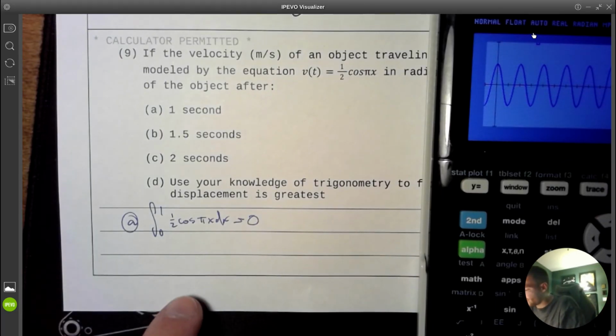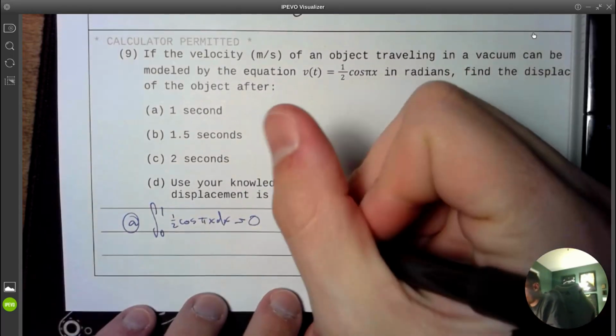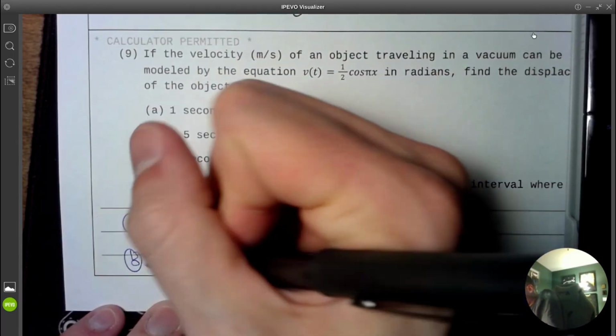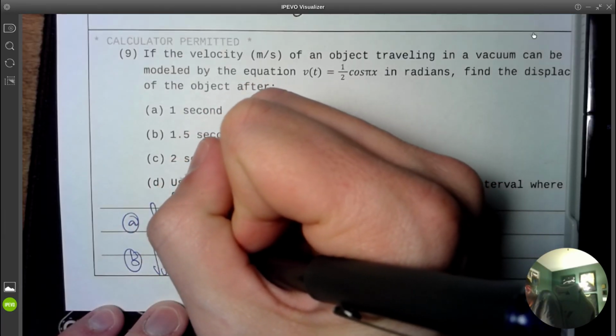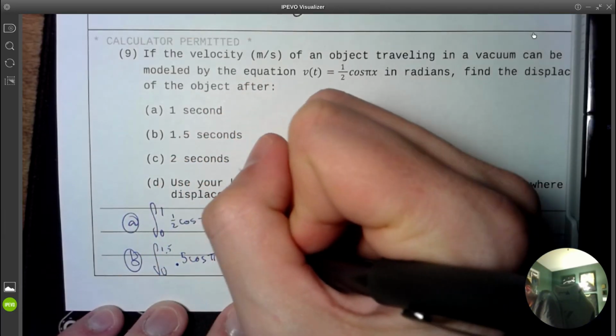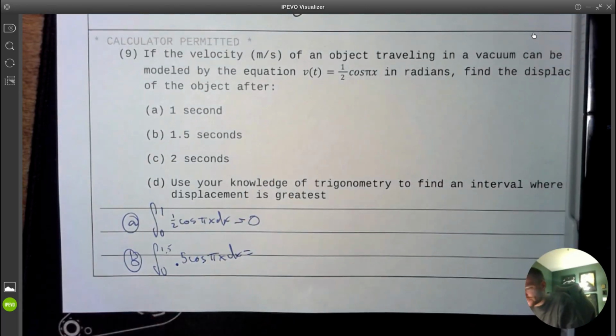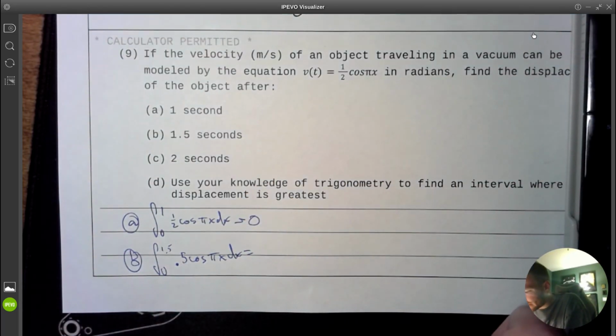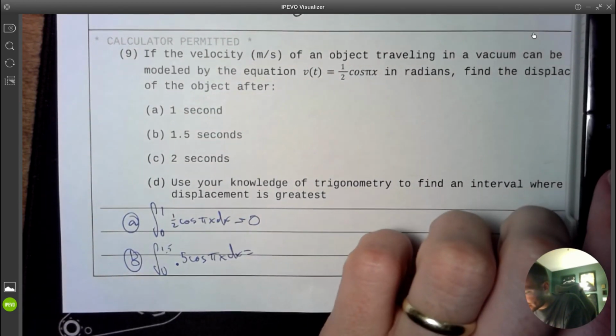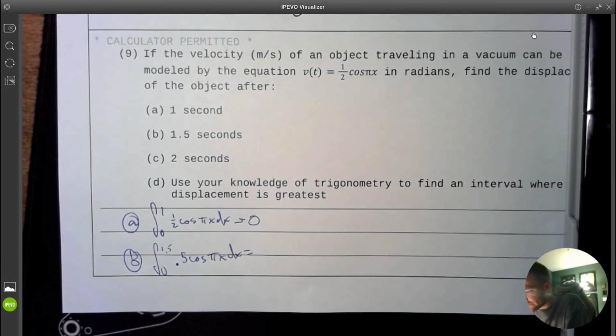So, okay, what about 1.5? B. Just trying to get my points by writing this every time because I don't want to lose any freebie points. Go up, copy it, go back to the beginning, 0.5, enter.